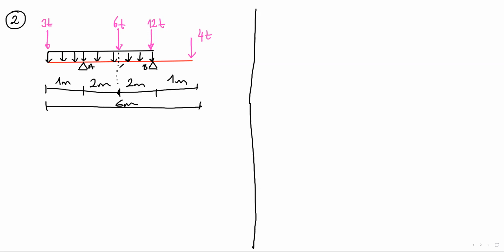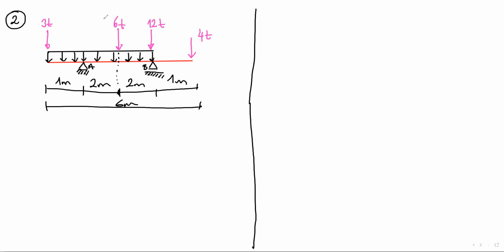Now, when we get the structural system, we are going to calculate the support reactions. I think you know how to calculate it. By the way, this is a pin support and this is a roller support.